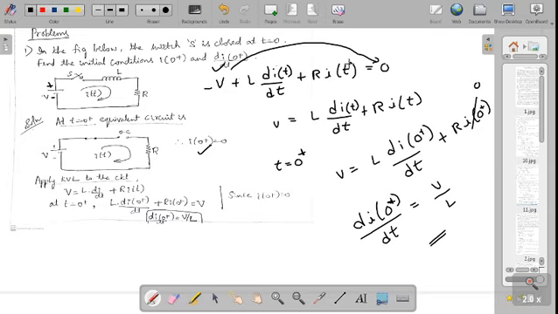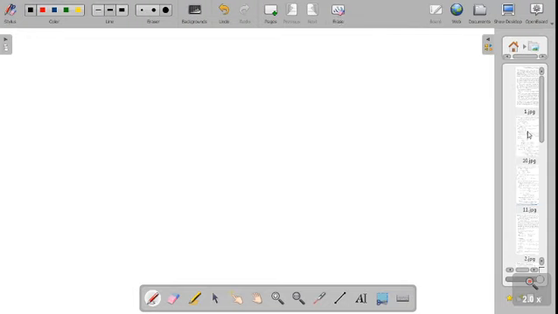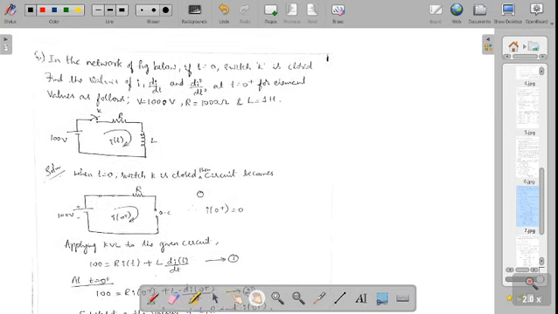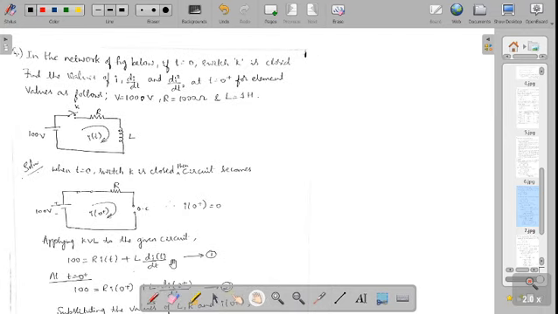Now let us consider the second problem. In the network of the figure below, at t is equal to 0, switch K is closed.